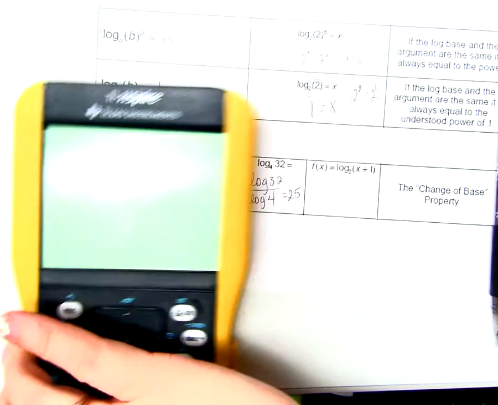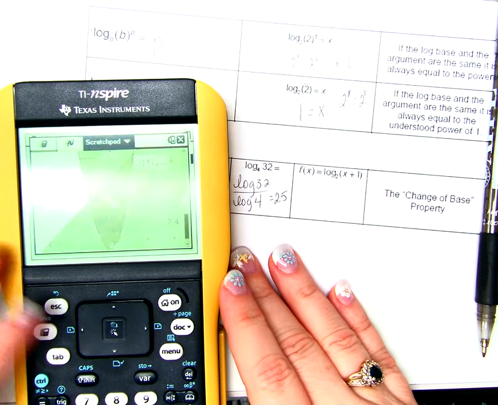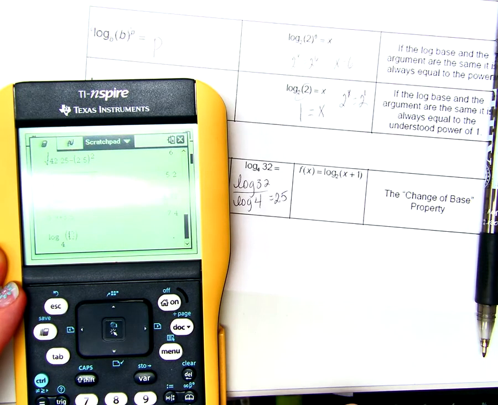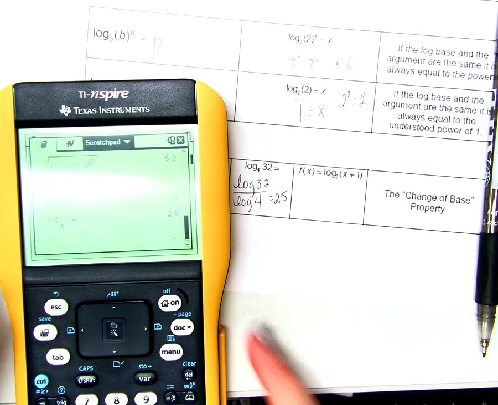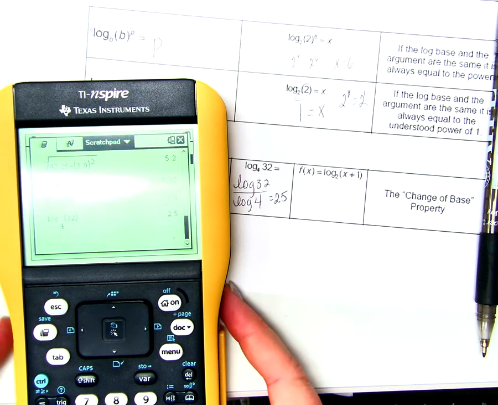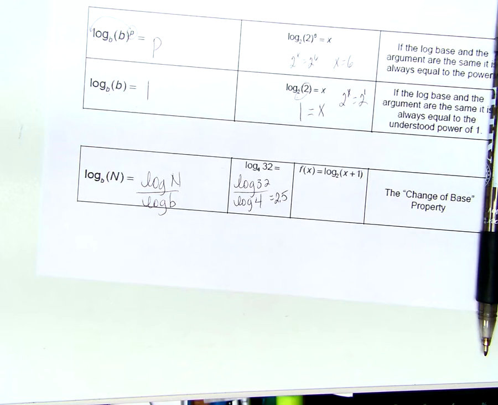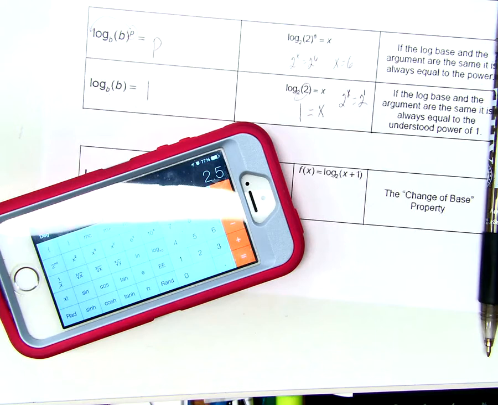Now, that doesn't really mean anything to you, so let me show you this. Log base 4 of 32. Bam! 2.5. Okay? So if you know the change of base formula, yeah, you may not have a TI Inspire at home, but you do have a phone with the log capability.